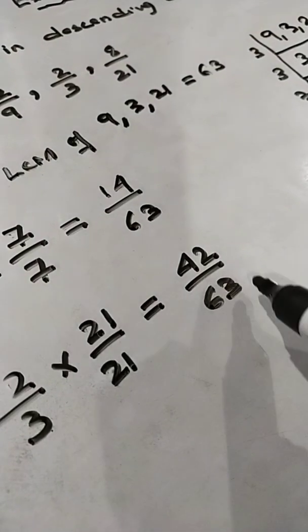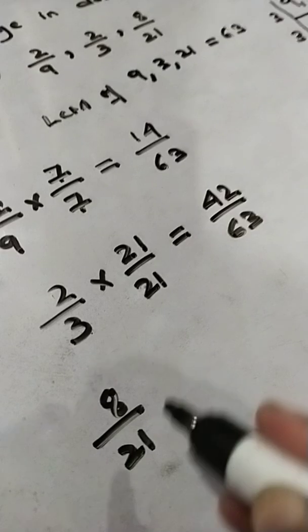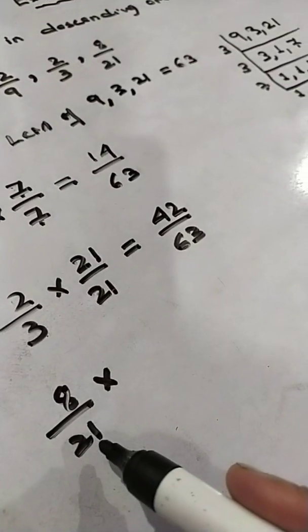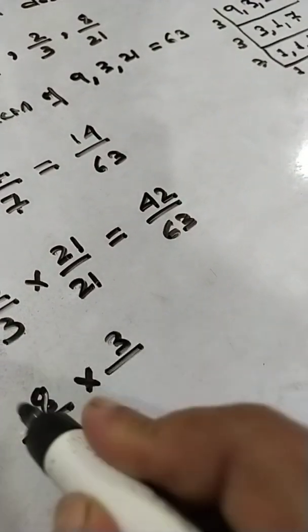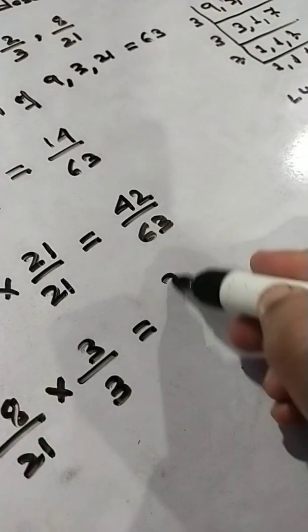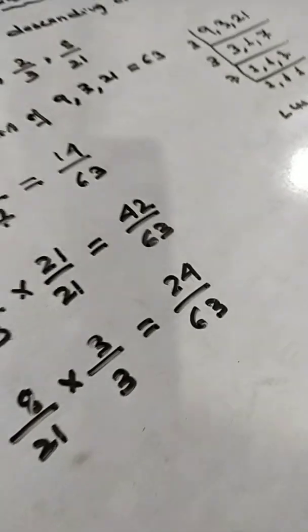Now the last fraction, 8 upon 21. 63 divided by 21 gives exactly 3. Multiplying 3 with numerator and denominator, 8 3s are 24 and 21 3s are 63.